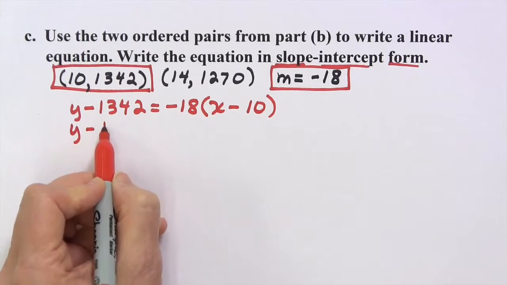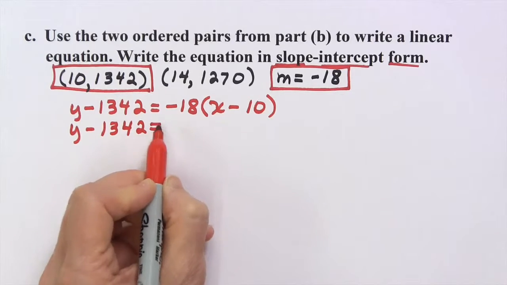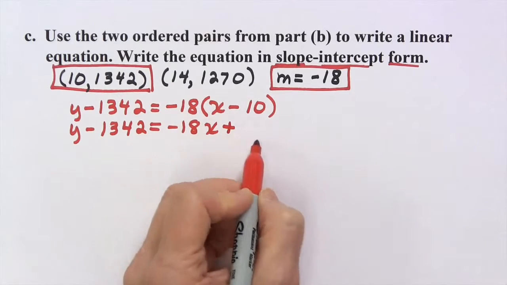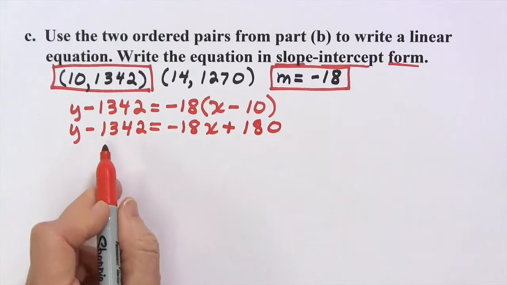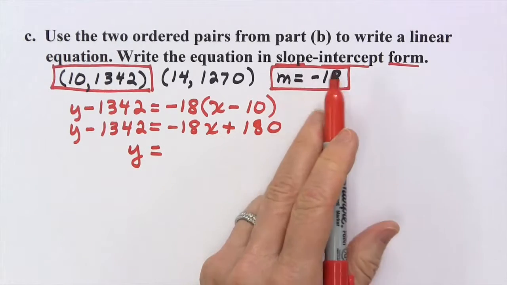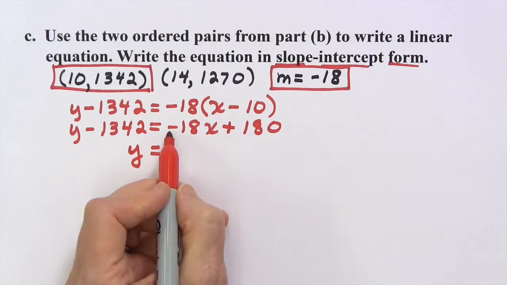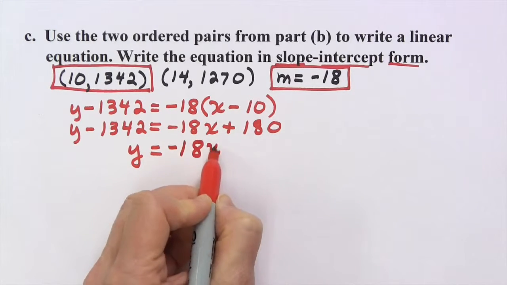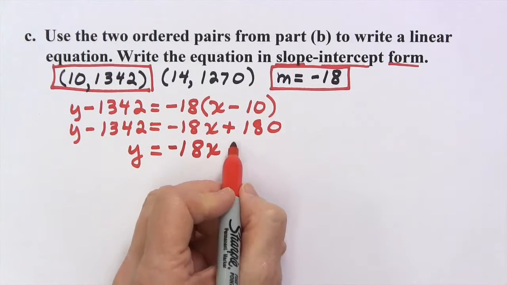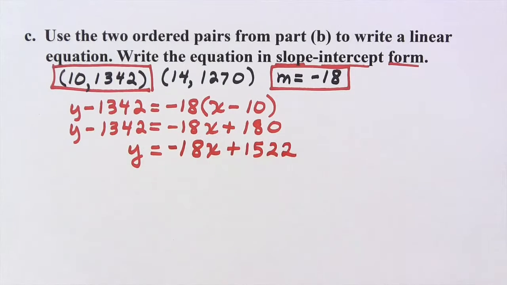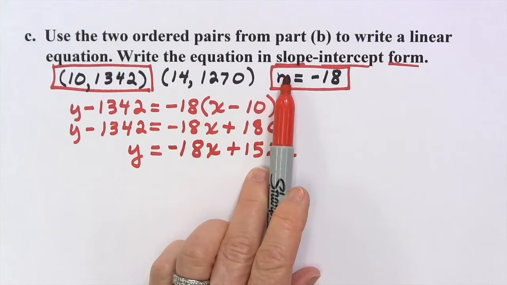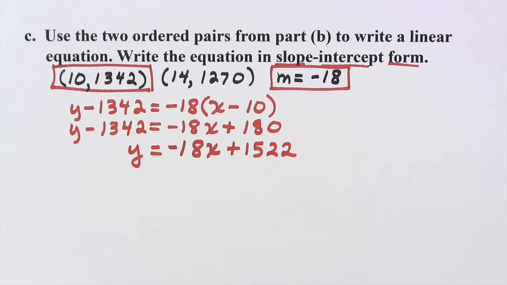So I have y minus 1342 is equal to negative 18x, and then a negative times a negative, that's plus 180. Now you add 1342 to both sides because I'm writing it in slope-intercept form, and what we'll have is negative 18x, and then I'll have 180 plus 1342, so that's plus 1522. I just wrote a linear equation in slope-intercept form.